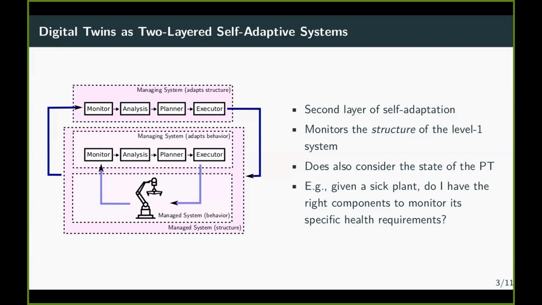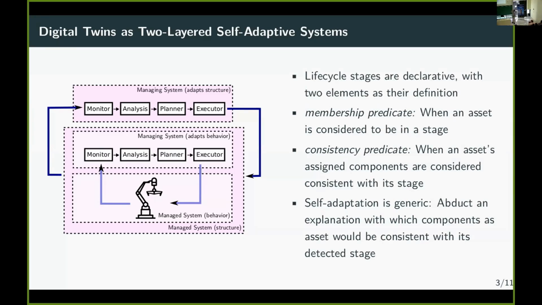Right? And if you would have an operational view, I would need to have the planner by now ready. But we don't. Instead, each of our life cycle stages is defined with two predicates. The first predicate is, am I a member of this stage? Am I sick? Am I a seedling? Whatever plants can be otherwise.